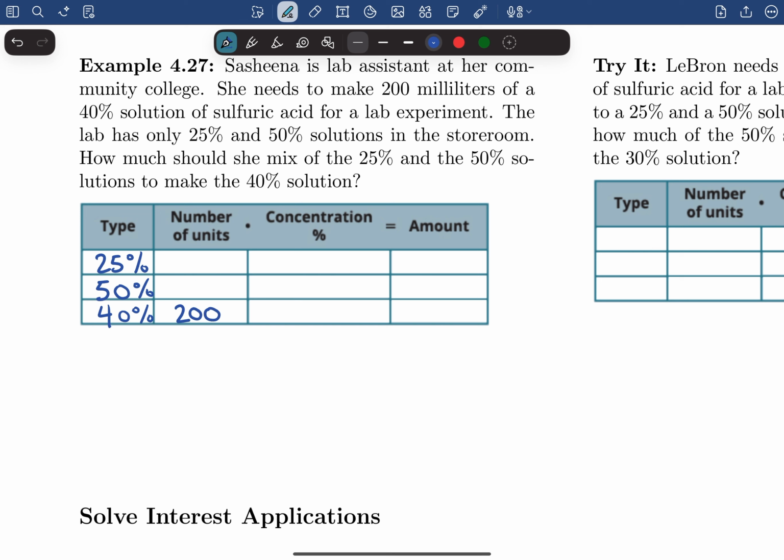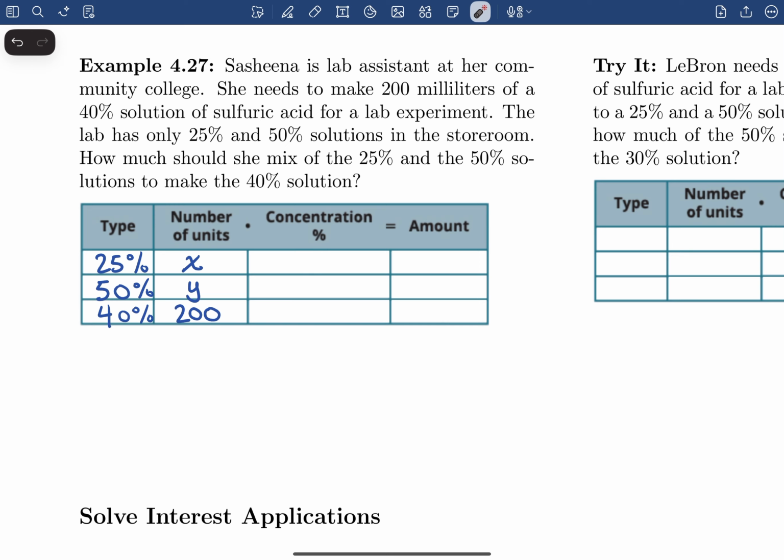And I'll just call the amount of 25% solution X and the amount of 50% solution Y. Those are the things I'll want to find, right? They ask me how much of the 25% solution and the 50% solution need to be mixed to make the 40% solution. So I have to find this value and this value.